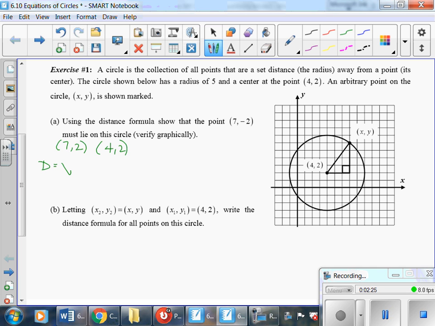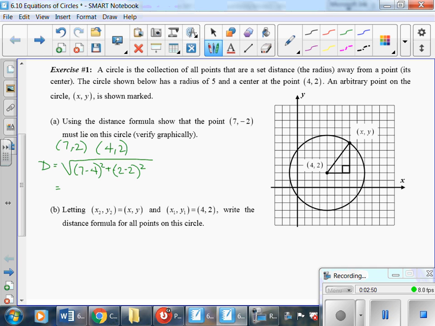So distance is equal to, it doesn't matter which one you start with because you're just subtracting them, 7 minus 4 squared plus, I'm sorry, one of these is negative, it's 7, -2 right there, so this one is going to be -2 minus 2 squared. All right, that makes more sense.